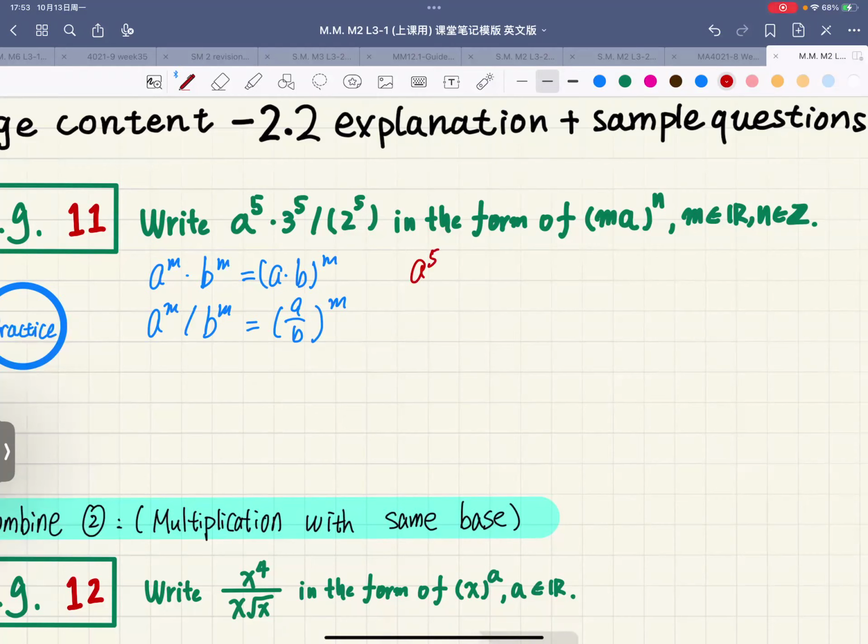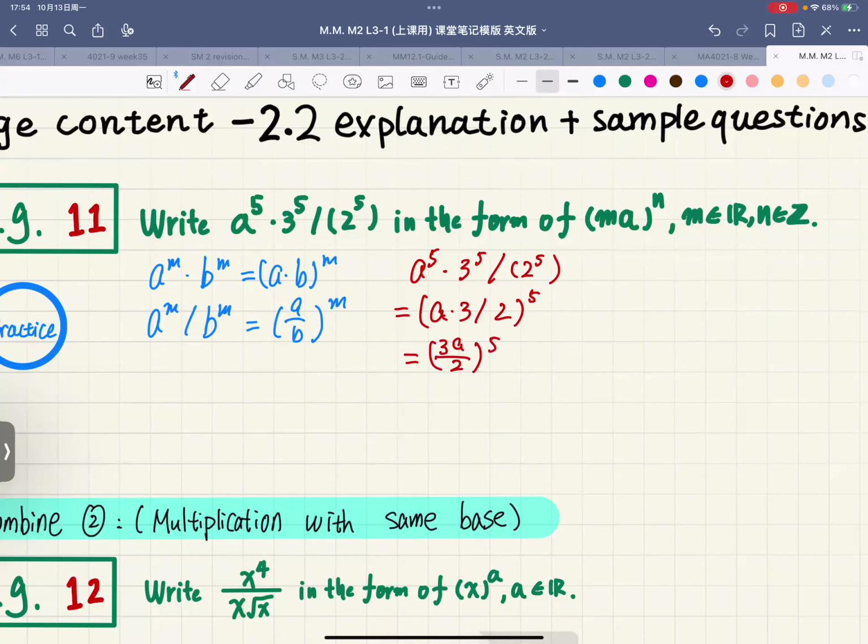So a to the power of 5 times 3 to the power of 5 divided by 2 to the power of 5 is equal to, they all have to the power of 5, so it's a times 3 divided by 2, to the power of 5, which is equal to 3a divided by 2 to the power of 5.